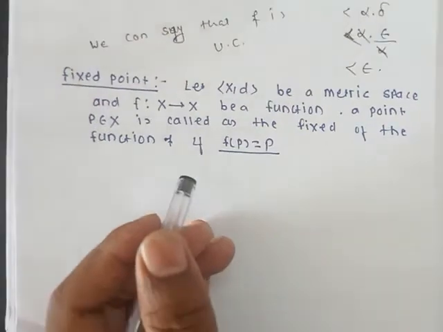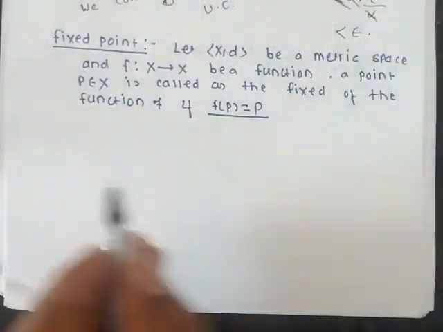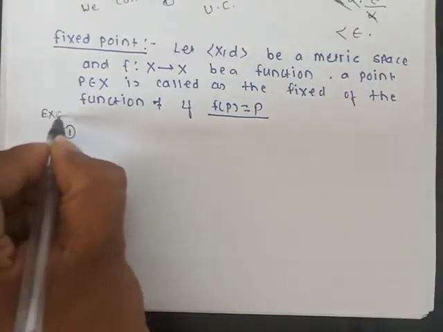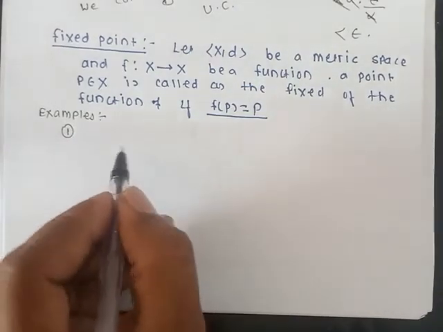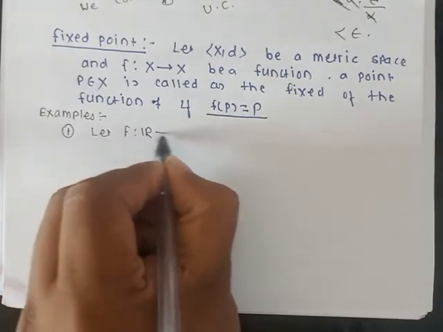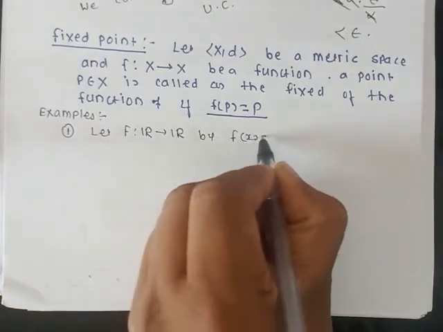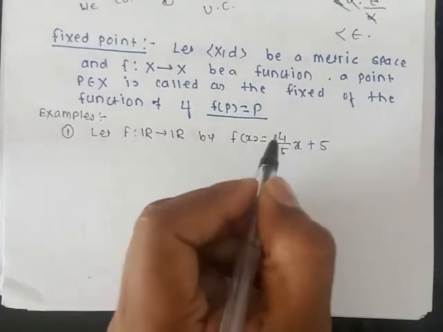Now we have some examples of the fixed point mapping. So first example, let f defined from R to R by f of x is equal to 4 by 5 x plus 5.